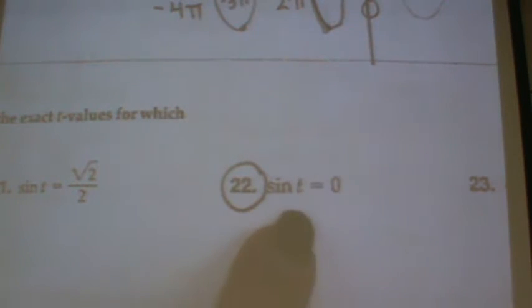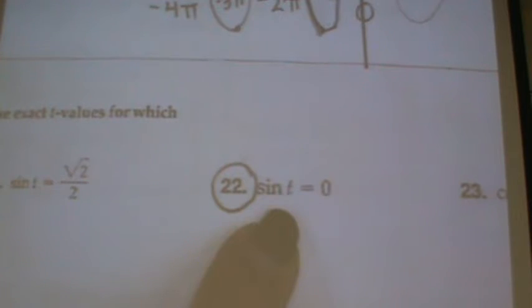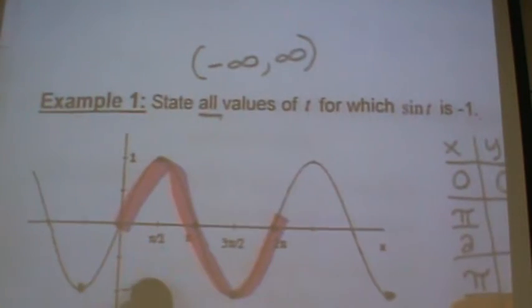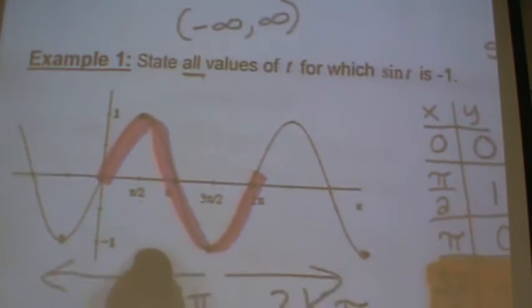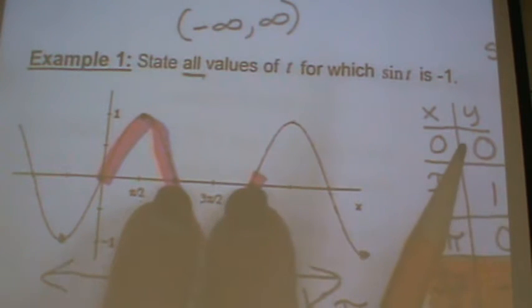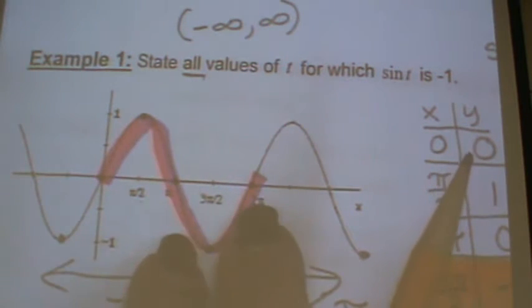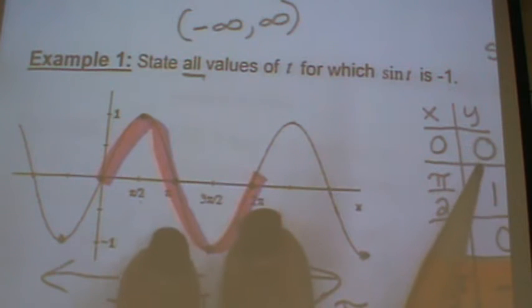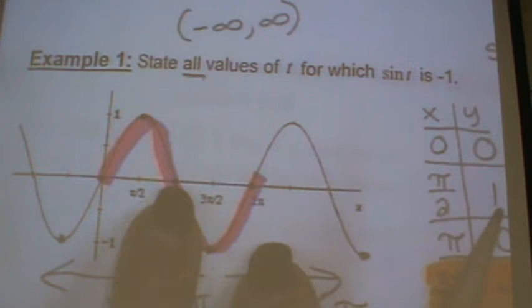So looking at the sine curve, where do you get a 0? Right here and here. So the answer is pi and 2 pi. Okay? So you get a 0 at pi and at 2 pi.